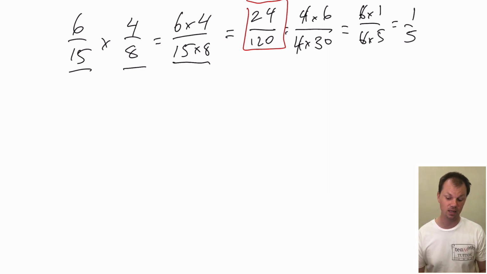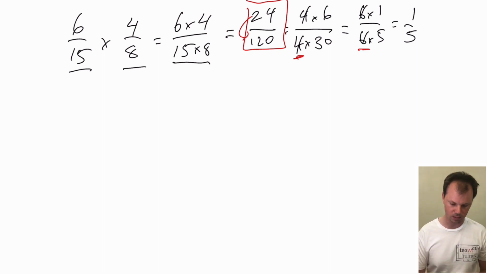So in my case, I didn't realize that 24 went into 120 5 times, so I did it in an intermediate way, which can happen when you have big numbers. So an alternative strategy to doing this is to instead simplify the fractions first and then multiply them.